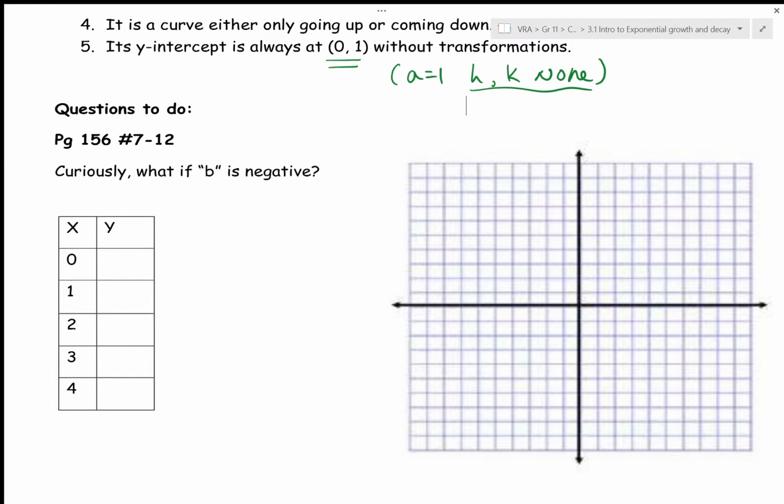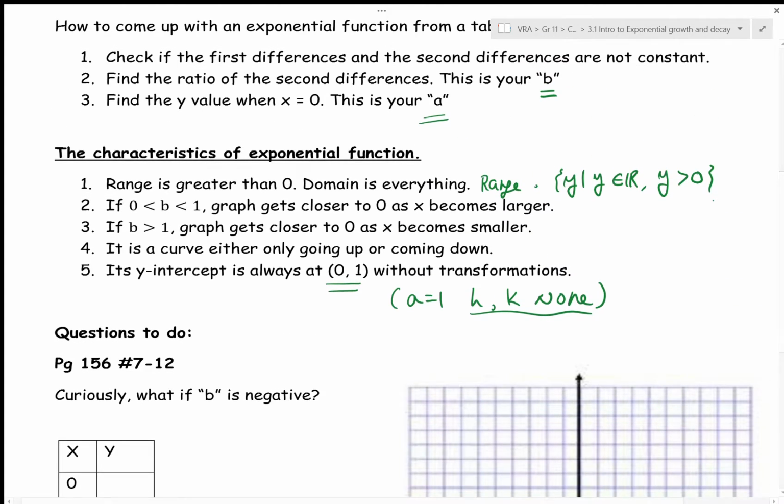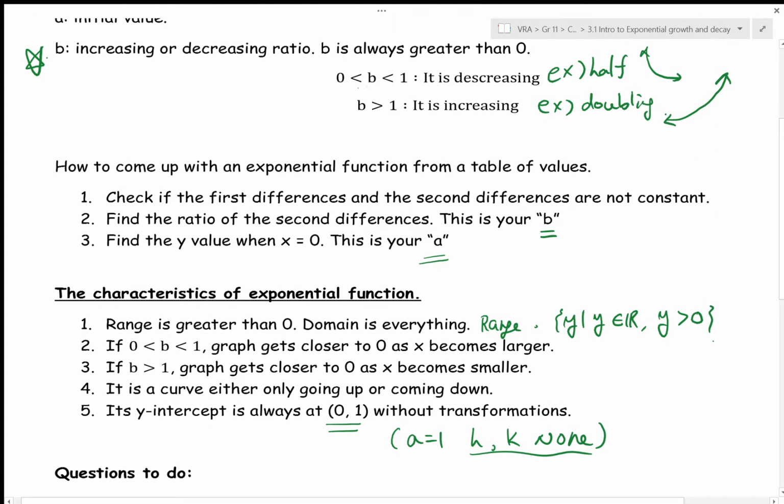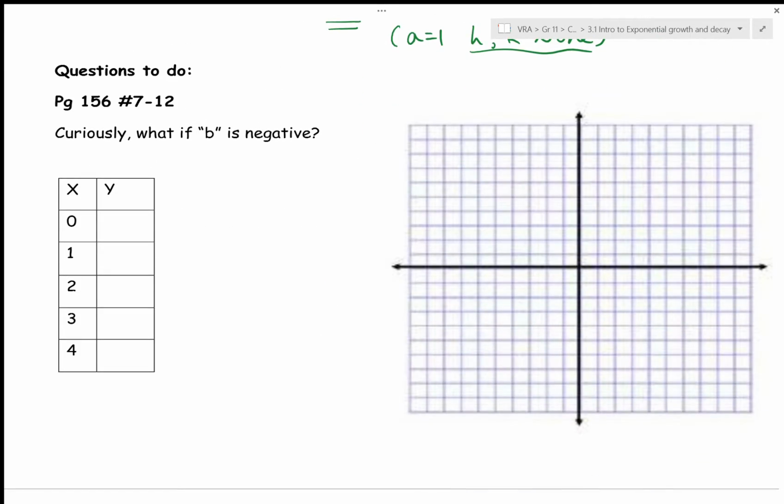Before we move on to that, you're going to say, you only talked about when b is from 0 to 1 or b is greater than 1. Then what's happening when b is a negative number? You never talked about it. So let's say b is negative 2 and a is 1.